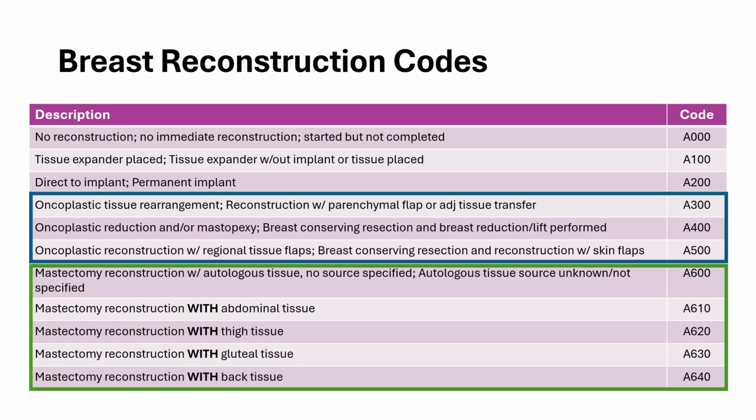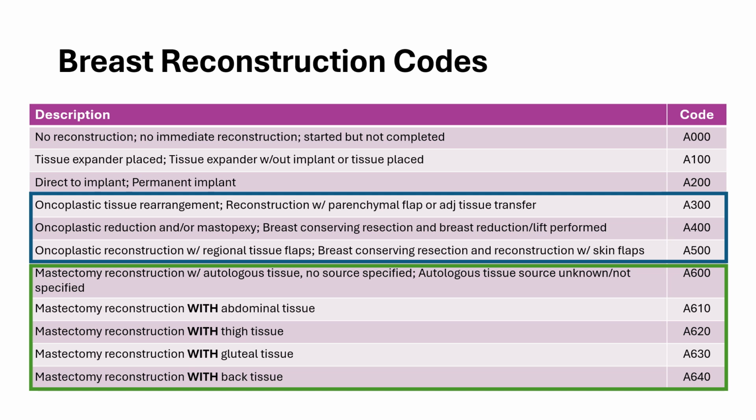Codes A600 through A640 are used when immediate reconstruction using autologous tissue, which means tissue from the patient, follows a mastectomy. When the type of tissue isn't specified, use code A600.